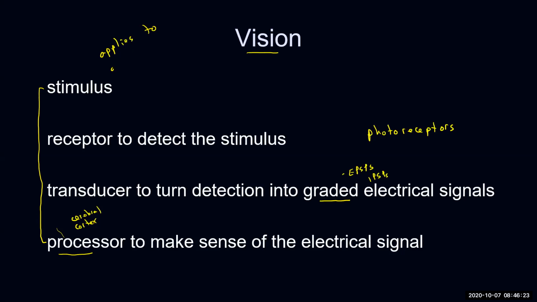So when you are studying the other senses, think in these terms. Okay, what's the stimulus? What is the receptor to detect that stimulus? How is it transduced into electrical signals? Where is it processed? If you can answer those basic questions for all the senses, you'll be in fantastic shape.